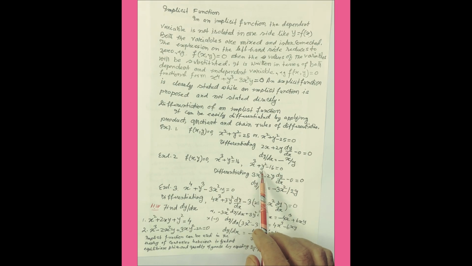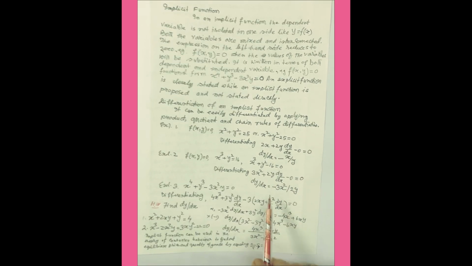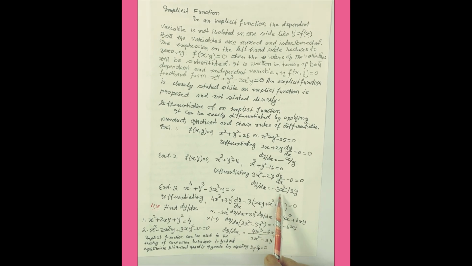Now differentiating: 3x square plus 2y dy by dx minus 0 is equal to 0. So dy by dx is equal to minus 3x square by 2y. So this is the result.